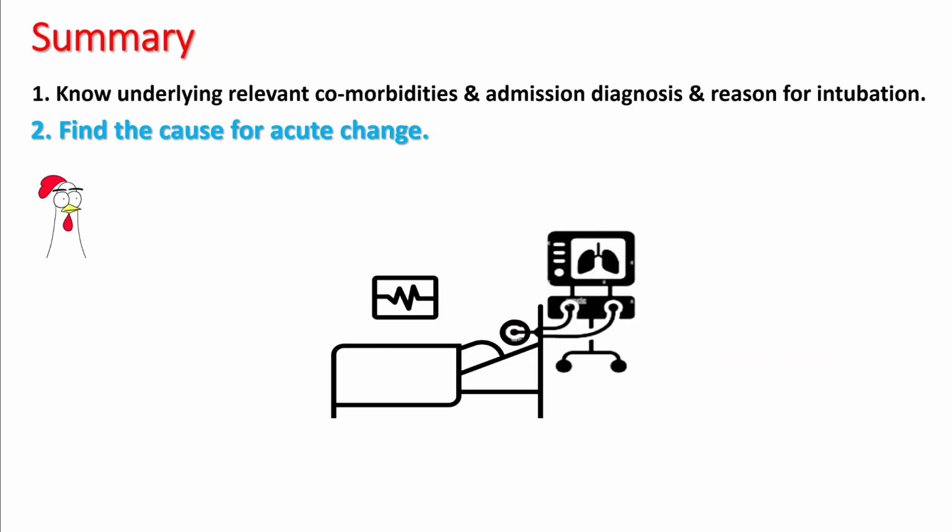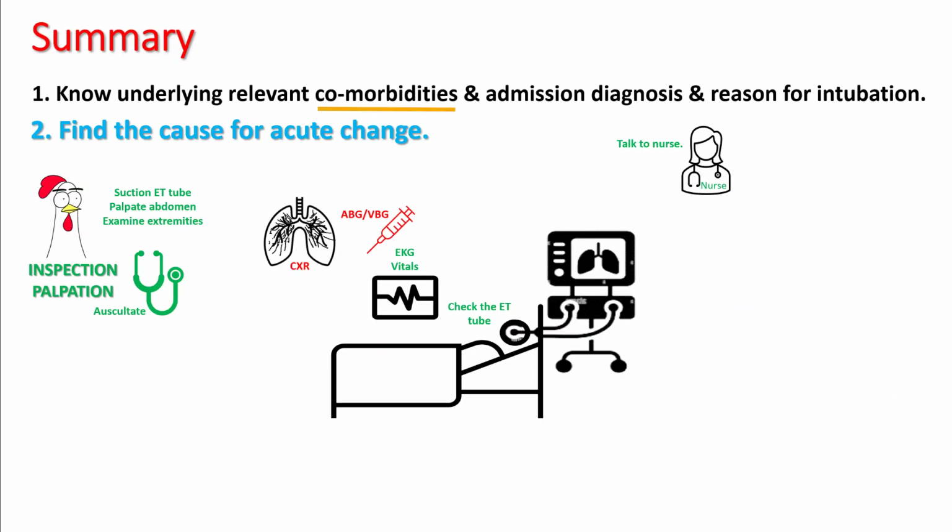In summary, know the underlying relevant comorbidities related to the pulmonary and cardiac systems, know the admission diagnosis, and know why the patient was intubated. Before proceeding further, make sure that the patient is on 100% FiO2. To find the cause for the acute change, talk to the nurse. Make sure that you suction the endotracheal tube yourself, palpate the abdomen and extremities, and auscultate for wheezing, air entry and crackles.